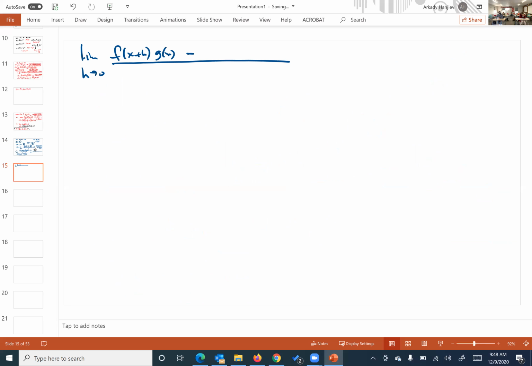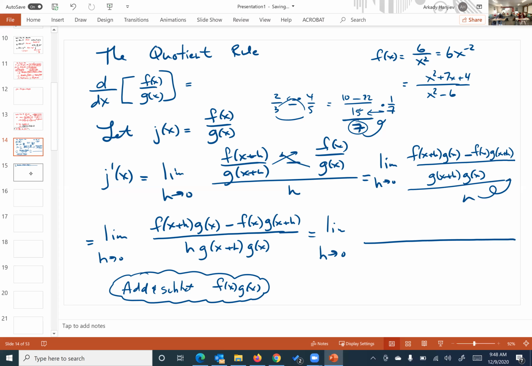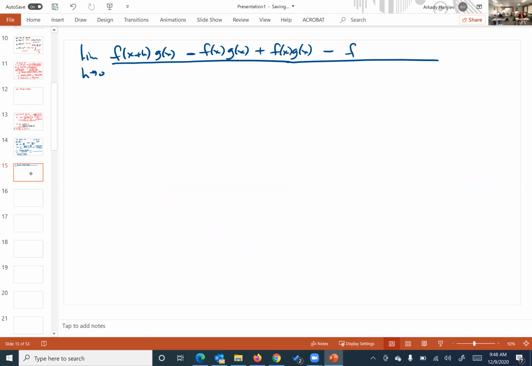And then we're going to subtract this out, and then add that in right away. So technically we're not adding anything. And then we have minus f of x, g of x plus h, over that, times that, times that.